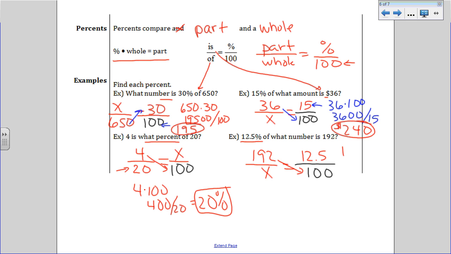Cross multiply. 192 times 100 is 19,200. And you're going to divide that by the 12.5. So this third number you're dividing by. So 19,200 divided by 12.5 gives you 1,536. Once again, no labels. So there is our final answer.